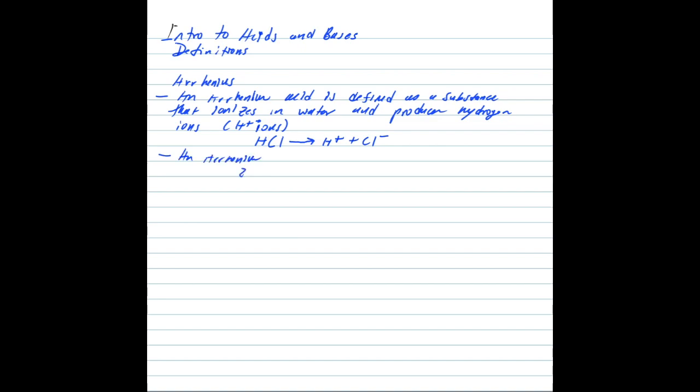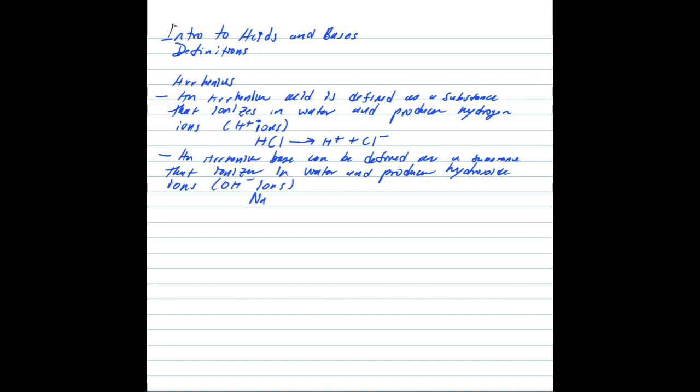Okay, starting off with Arrhenius acids and bases. An Arrhenius acid is defined as a substance that ionizes in water and produces hydrogen ions, or H plus ions. So we have the example of hydrochloric acid dissociating into H plus and Cl minus ions. An Arrhenius base can be defined as a substance that ionizes in water and produces hydroxide ions, so OH minus ions.